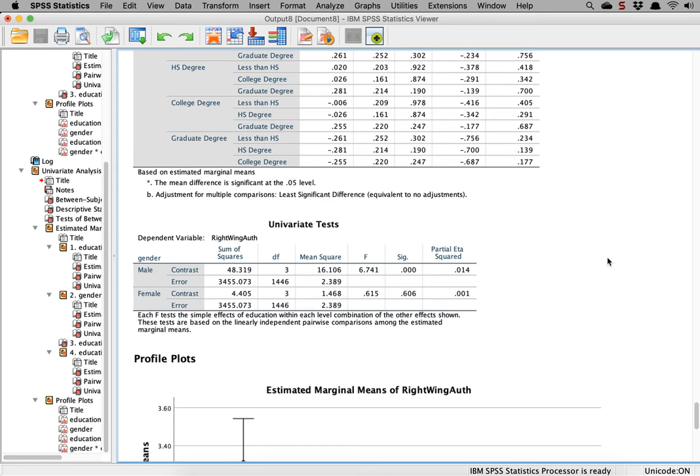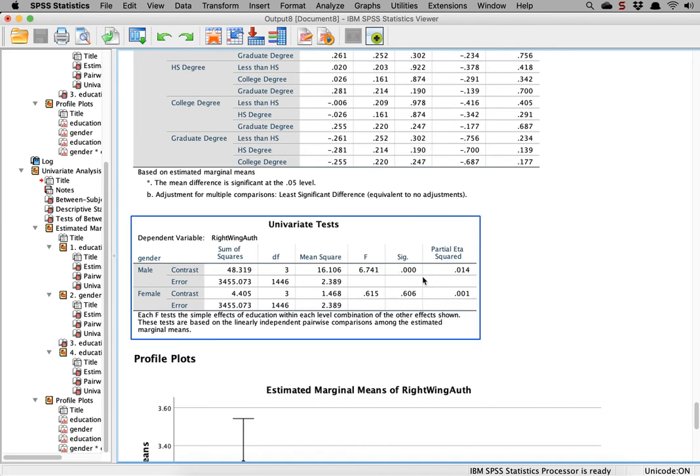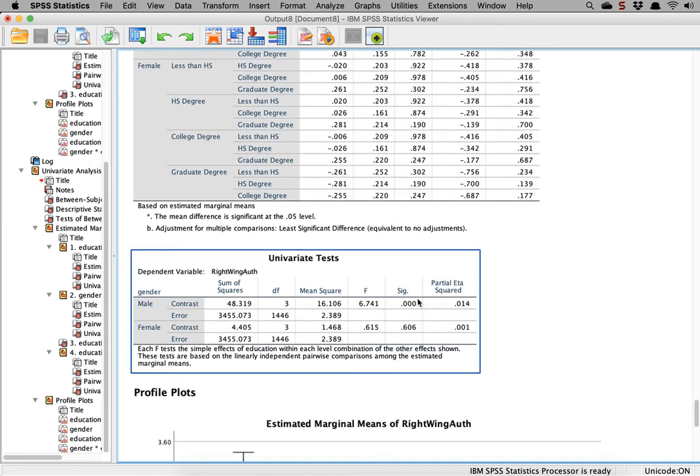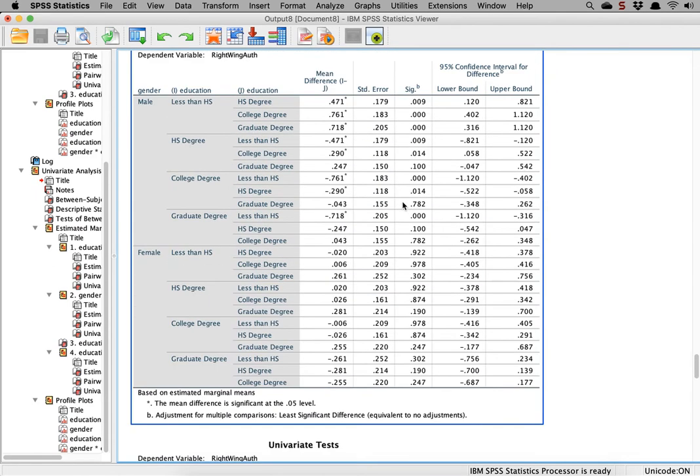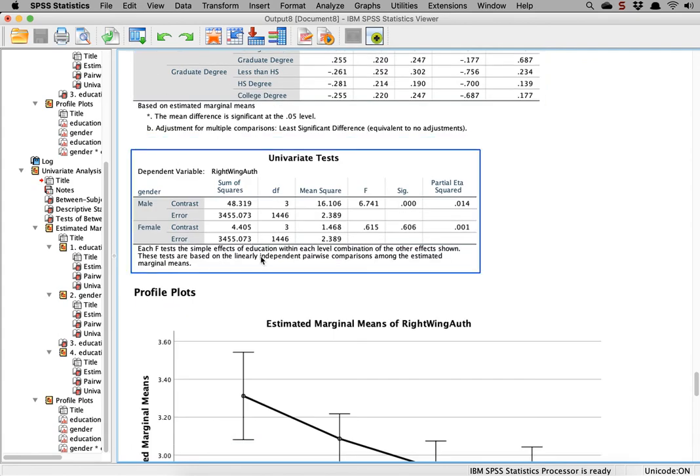But basically, for males, the one-way analysis of variance between education and authoritarianism is significant, but among females, it's not significant. So this supports our plot that says these means are the same for women, but there are differences somewhere among these means for men. Now, this F-test tells me that they're there.